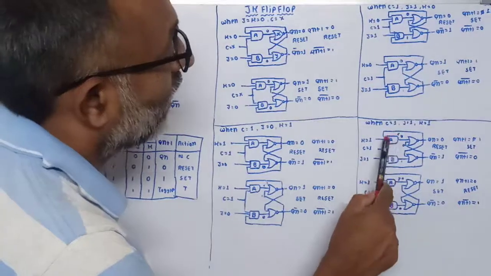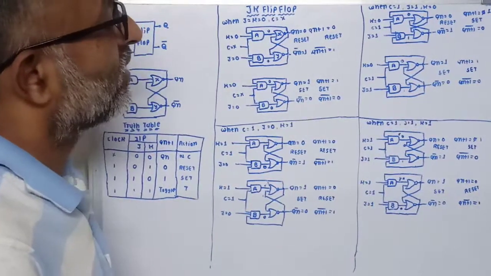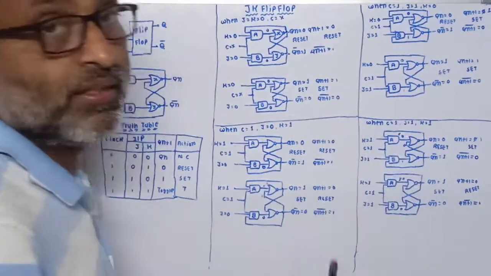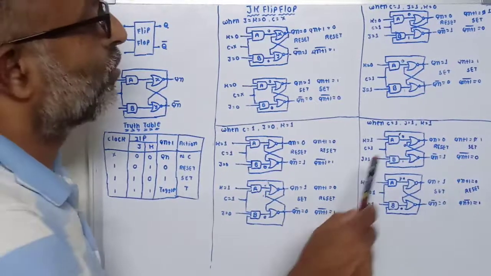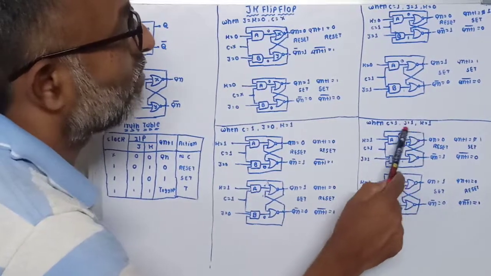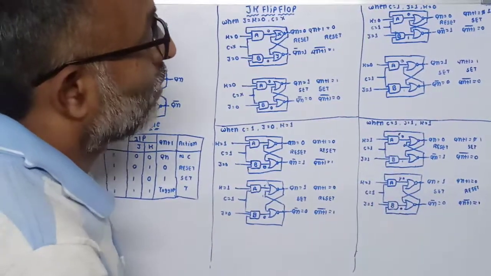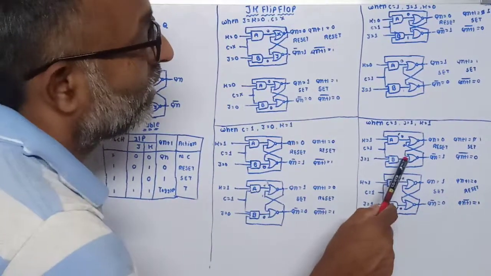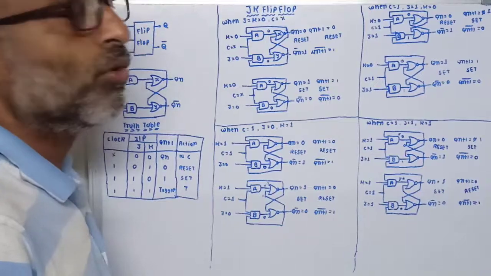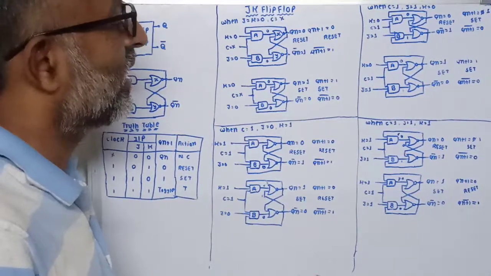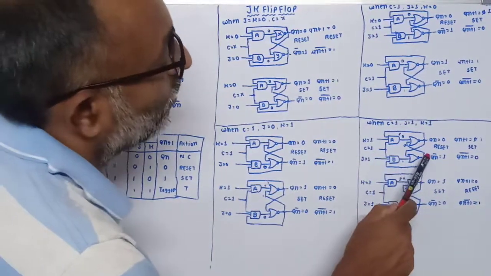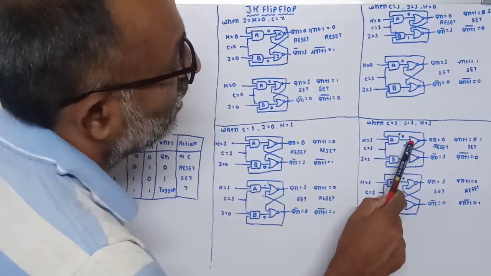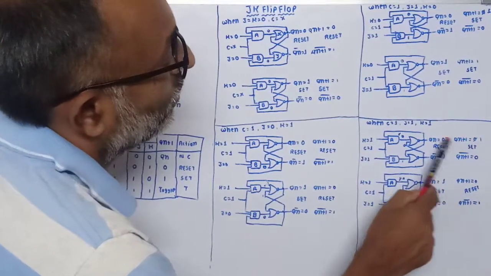Now the AND gate A is disabled and its output is 0 because the feedback signal is 0. But the AND gate B is enabled because all inputs are at one level. So here 0 plus 1, 1 and 0.